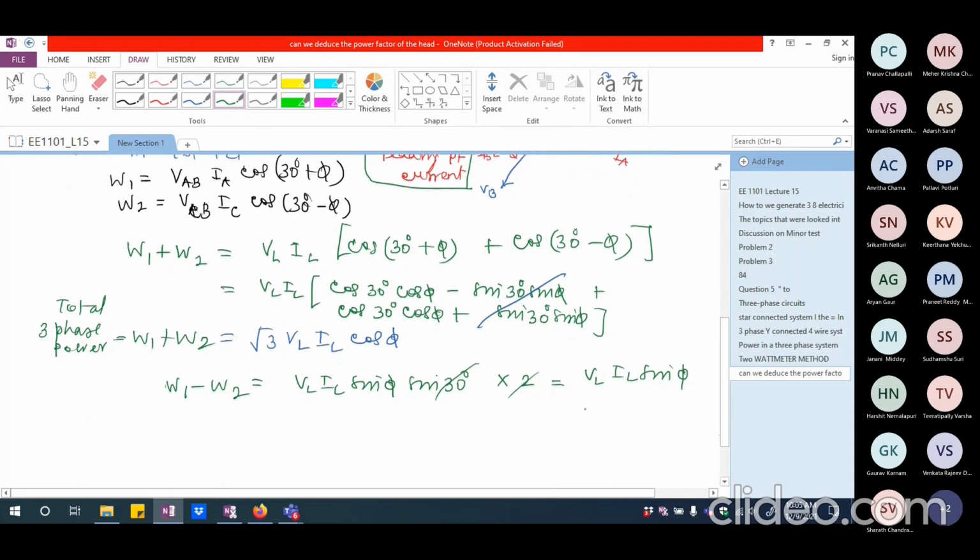Only difference is, if I want to do sine phi by cos phi, I will have to divide W1 minus W2 by W1 plus W2, but there will be a root 3 factor.